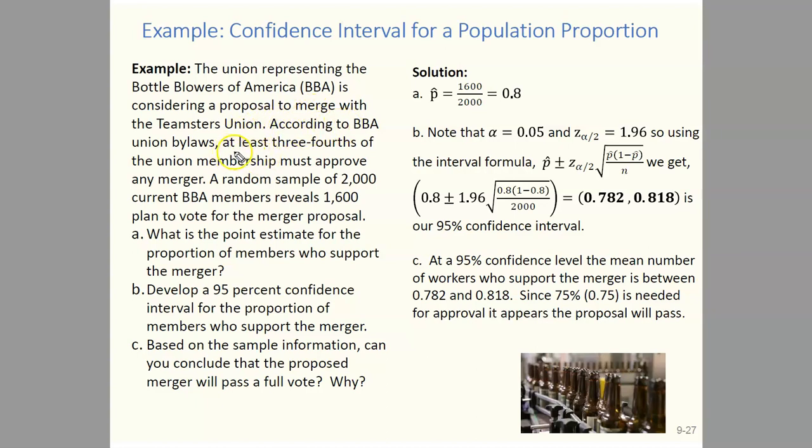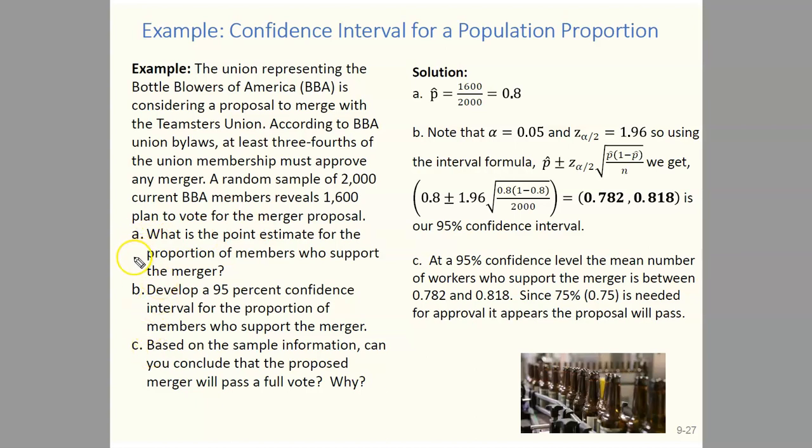According to BBA union bylaws, at least 3/4 of the union membership must approve any merger. So a random sample of 2,000 current BBA members is taken and reveals that 1,600 out of the 2,000 plan to vote for the proposed merger. Now we have these questions to answer.